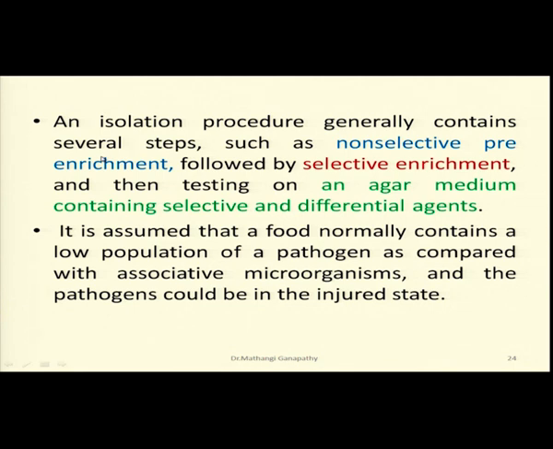Then from the non-selective pre-enriched medium, you go for selective enrichment. In this selective enrichment medium, only specific microbial groups, if present, will grow, and all the others are inhibited. Those microbes which grow in the selective enrichment medium, we test on an agar medium containing selective and differential agents. Maybe antibiotics which will inhibit a particular thing, or biochemical markers which will indicate, or detection by the presence of gas.